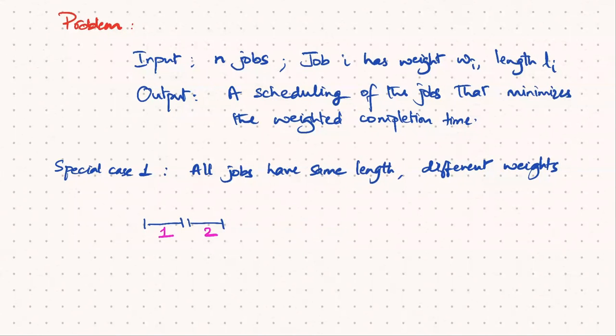Let's draw the other scheduling too, where again they have the same lengths, but now the job with weight 2 is scheduled first and the job with weight 1 is scheduled later. What happens to the weighted completion time?